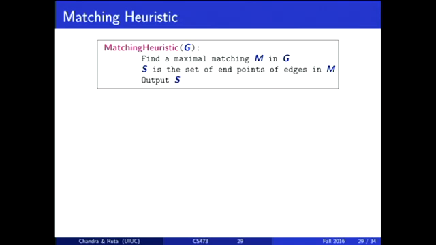You cannot add any more edges to the matching. Does everybody understand what a maximal matching is? A matching is maximal if I can't add one more edge and increase the size of the matching. Just keep adding arbitrary edges until you can't do that anymore.